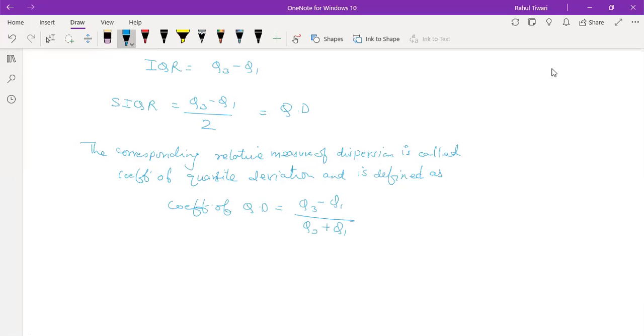You can again try to understand the concepts of quartile deviation. As I mentioned, quartiles are basically independent of extreme values.